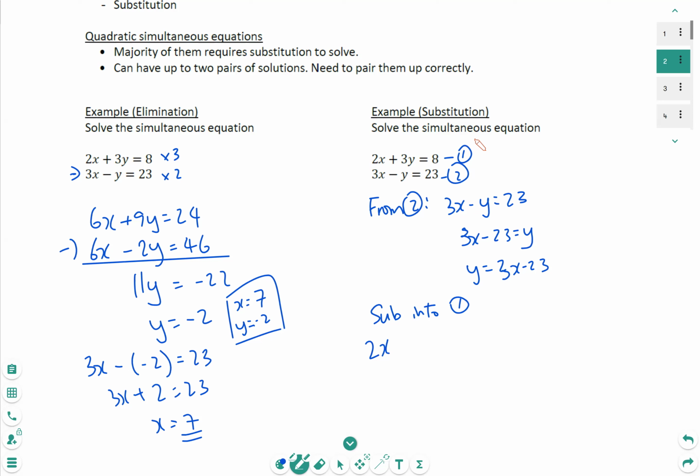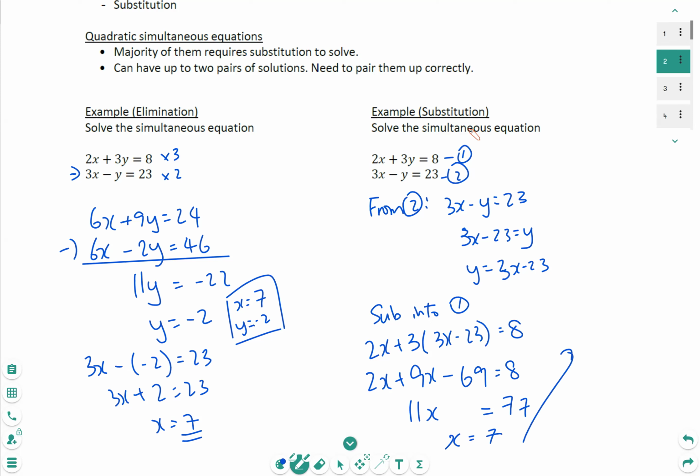So 2x plus 3 times (3x minus 23) equals 8. Expand the bracket: 3 times 3x is 9x, 3 times negative 23 is negative 69, equals 8. Then 2x plus 9x is 11x, bring the 69 over, plus 8 is 77, so x equals 7.